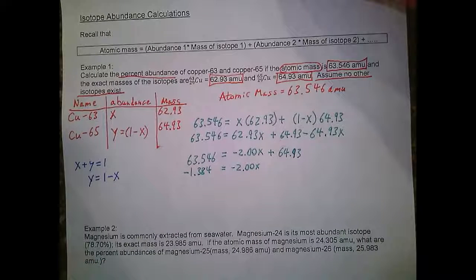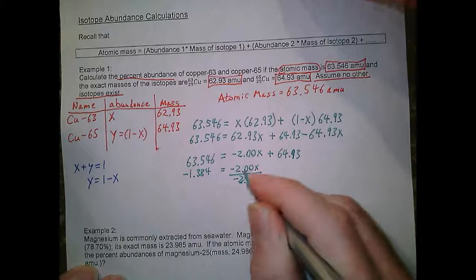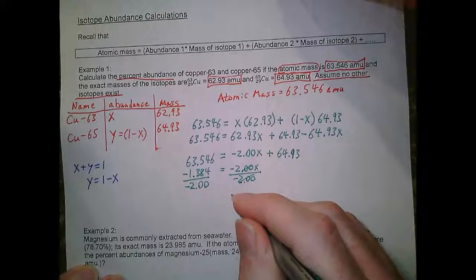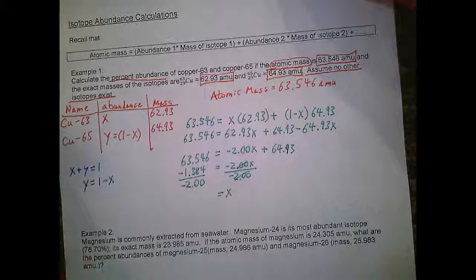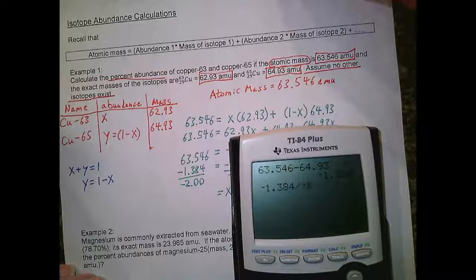Okay. Now I want to solve for x, so I need to divide by negative 2.00. So again, in the calculator, negative 1.384 over negative 2.00, we get 0.692.